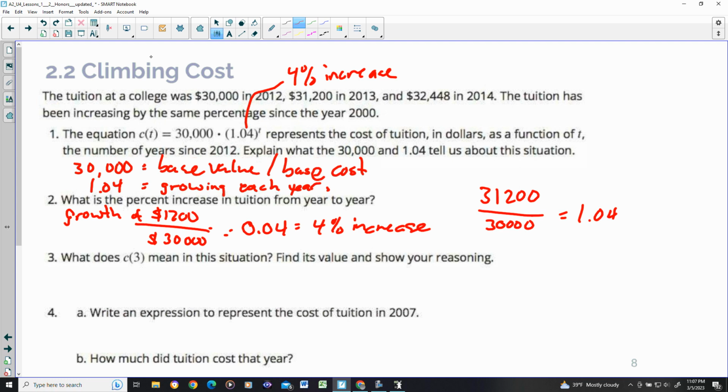Okay, so what about C of 3? So let's go through, right? And we can find what's going on. So 3, what does 3 mean in this situation? Well, 3 is replacing t. What does t represent? T is the number of years since 2012. So if it's 3 years past 2012, that must be 2015's cost. Let's go ahead and find it.